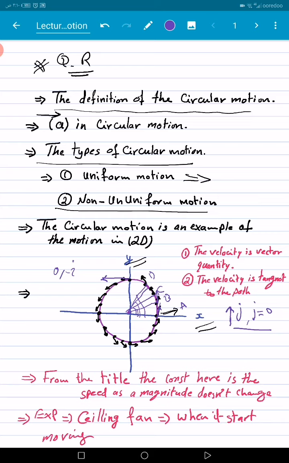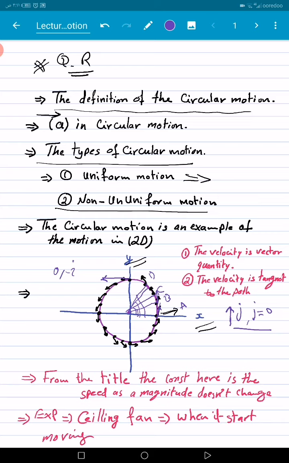From the title of this subject, the circular motion and the uniform circular motion, we know there are two types of motion in a circle. One is uniform, the other is non-uniform. Today we discuss the uniform motion.